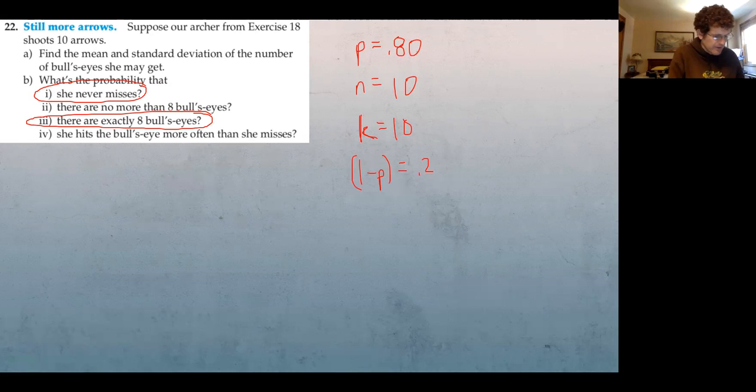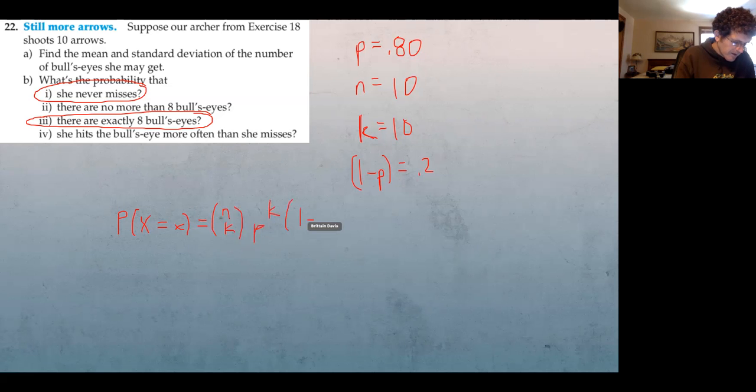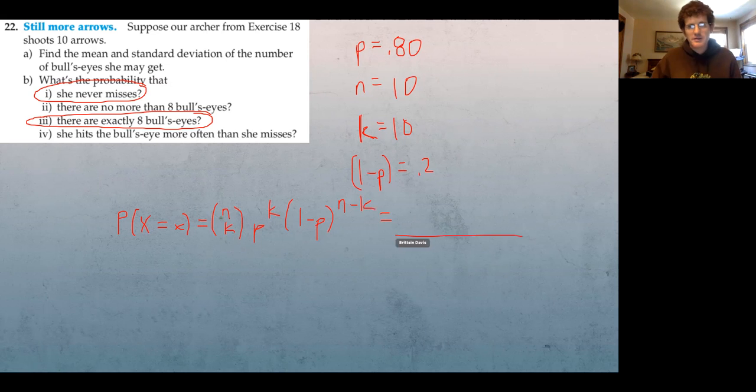So here we are. We've got now this formula, the probability of x equals lowercase x is going to be n choose k. I'm just going to put the formula out, and then I want you guys to plug in the rest, and I'm just going to put equals, and you guys can tell me what you got for an answer. So put your answer on that blank once you've plugged everything in.